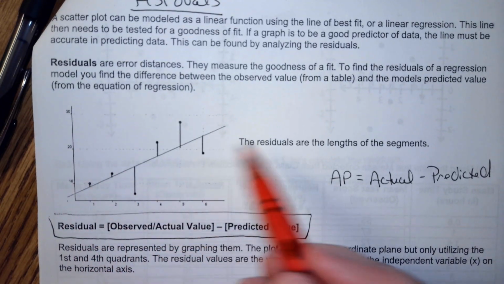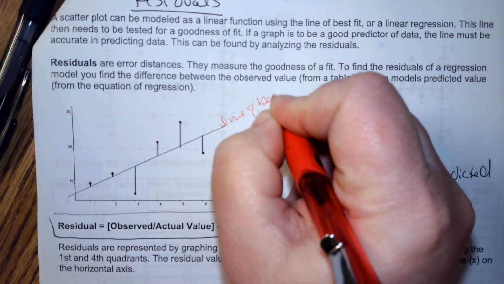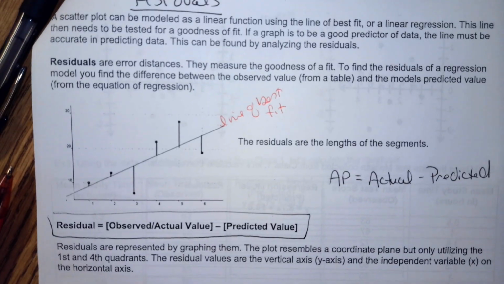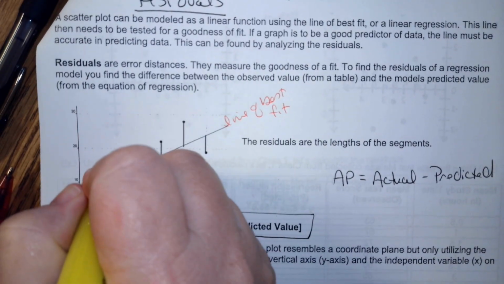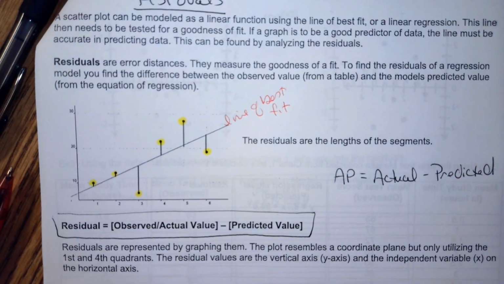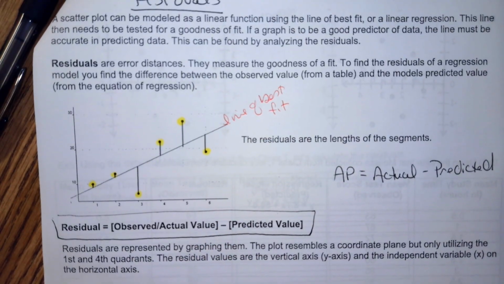So, in looking at this scatter plot, this is your line of best fit. The points themselves are what actually happened. Your line of best fit are the points that you predicted to happen.